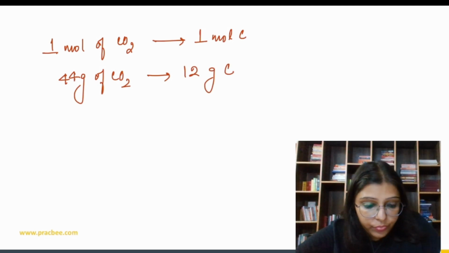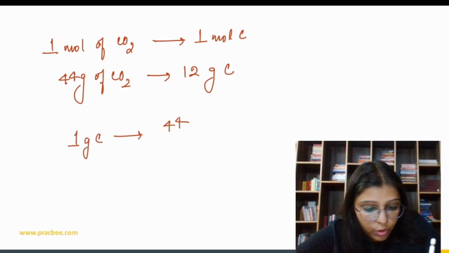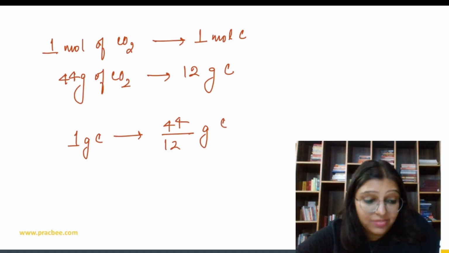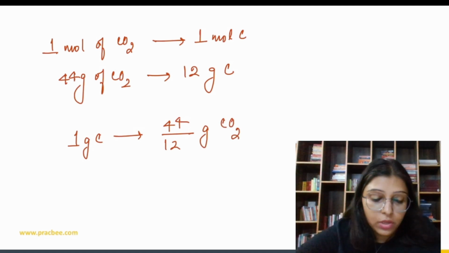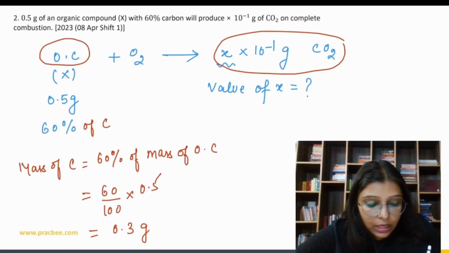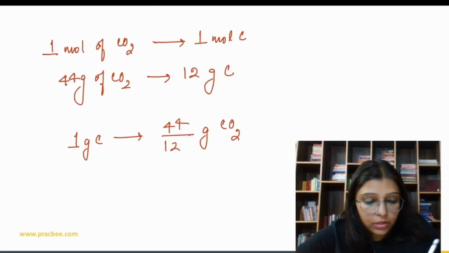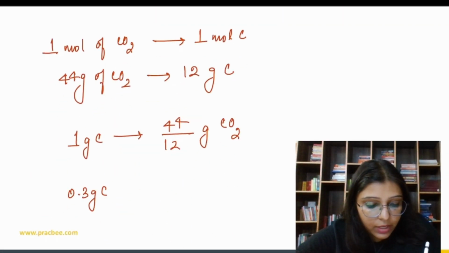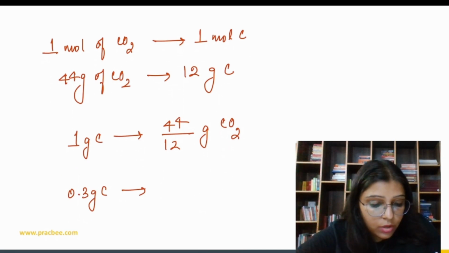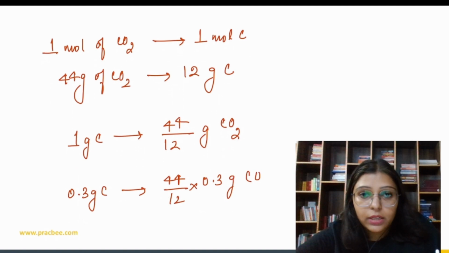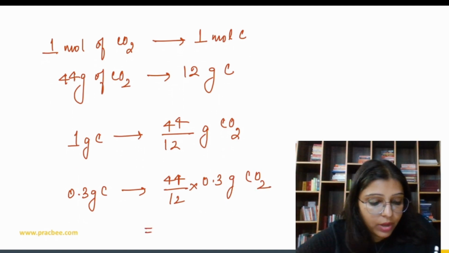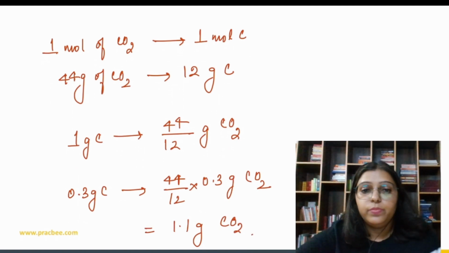So in 1 gram of carbon, we have 44 by 12 gram of CO2, because we have to find the mass of CO2. In the organic compound, we have 0.3 gram carbon. So from 0.3 gram carbon, we can find the mass of CO2: 44 by 12 into 0.3. On solving, we get 1.1 gram CO2.